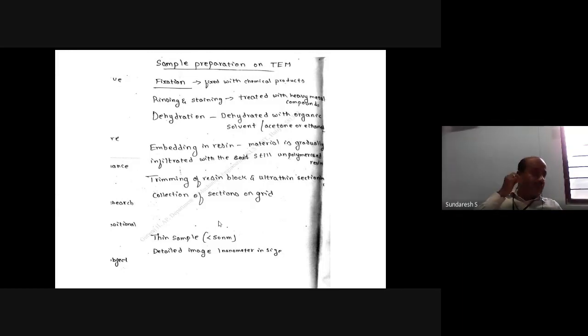Now, the most important thing in the case of transmission electron microscopy is the preparation of the sample. Here are some of the steps involved in the preparation of the sample.